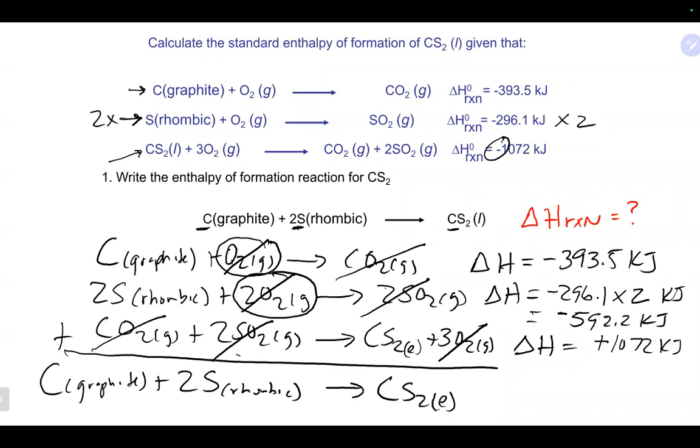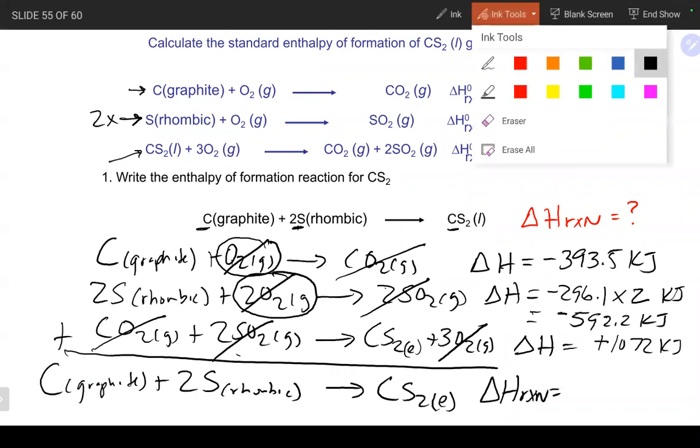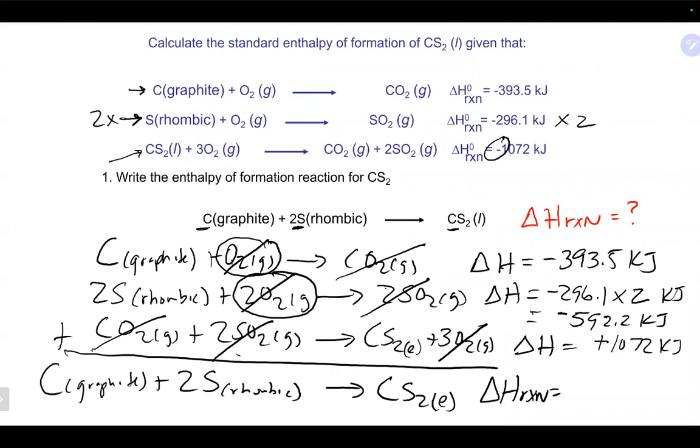At this point, to find the delta H of that reaction, we're going to use all of our adjusted and correct values for delta H's, which in this case would be, I believe, that number, and that number there. So we're going to add all 3 of those numbers together. That gives us minus 393.5 plus minus 592.2 plus a 1072.